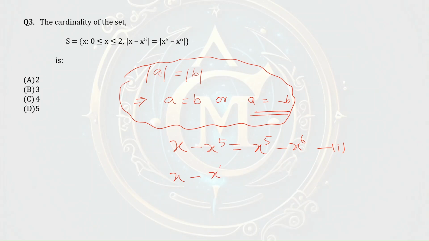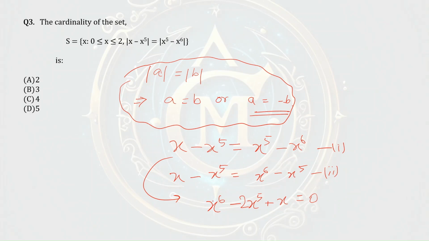And the other case is x minus x to the power 5 is equal to x to the power 6 minus x to the power 5. This is the second case. Now if we simplify the first one, we get x to the power 6 minus 2 times x to the power 5 plus x is 0.